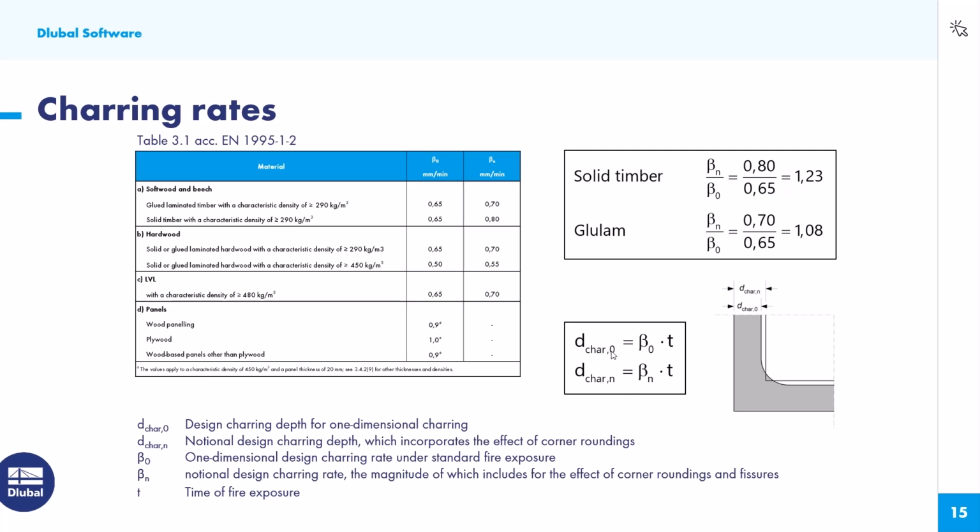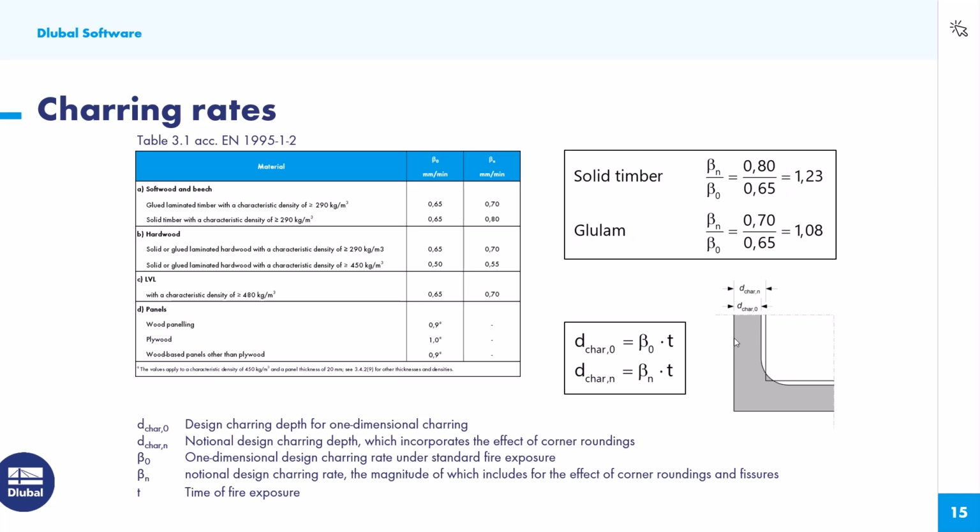So the one-dimensional charring depth can be calculated by multiplying the charring rate by the time. Also for the notional charring rate, we multiply the charring rate beta by the time.